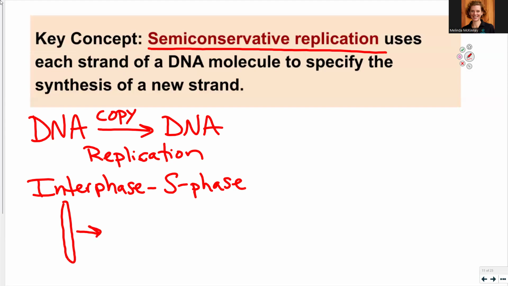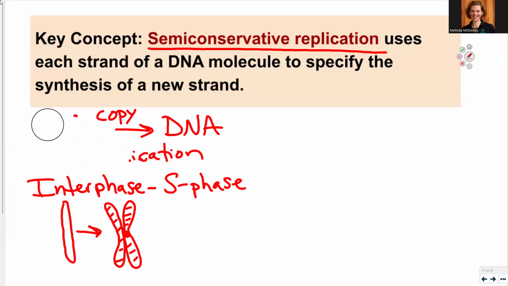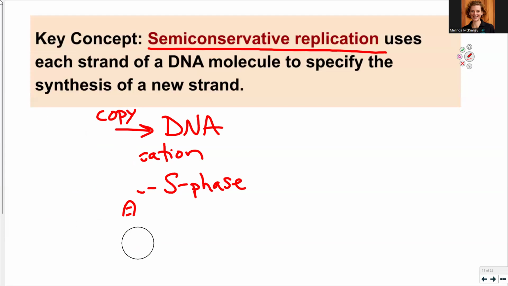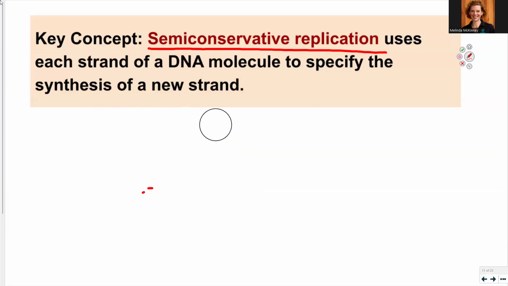And then we learned that an exact copy of this was hooked onto it and connected to it with a centromere. We had two sister chromatids, right? So we copied the DNA, so we had the same sequence of genes, exactly the same alleles in this case for the sister chromatids. So now we're going to be talking a little bit more about this process, not just when it happened.